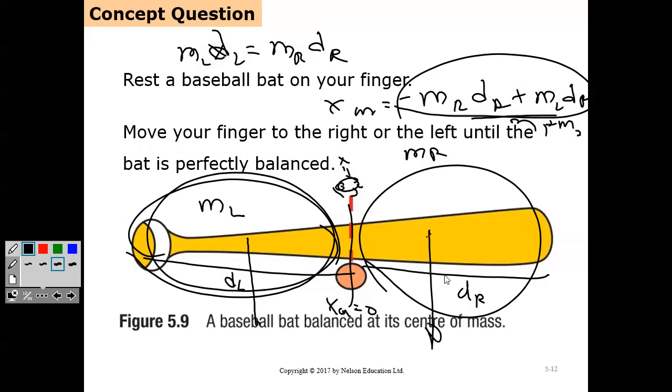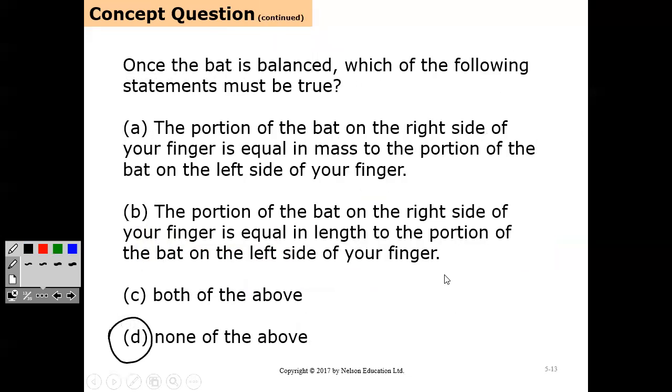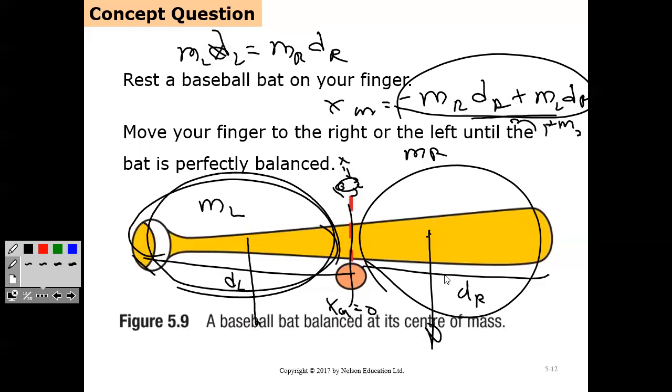So what is going to be equal? The weight multiplied by this distance, the position of the center of mass, is equal to the weight multiplied by that distance, even though the masses are not equal.